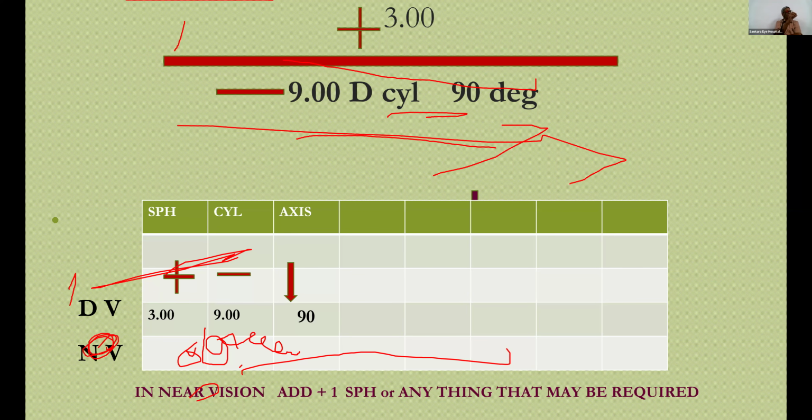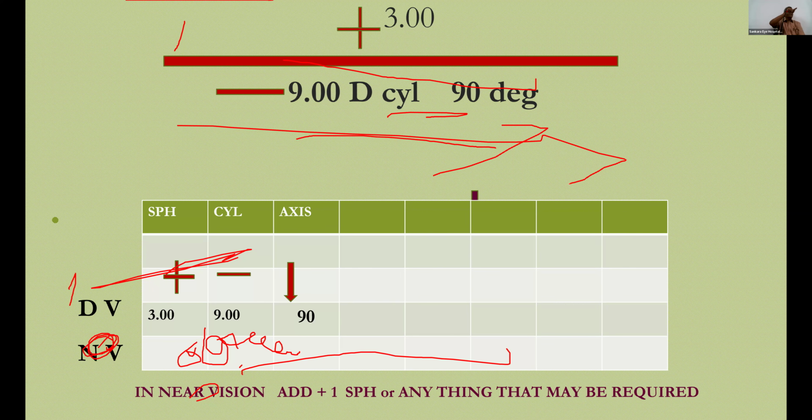Turn the lens vertically, keep it near the eye and see. Move. Same direction. Minus lens, moving in the same direction, very easy to remember.